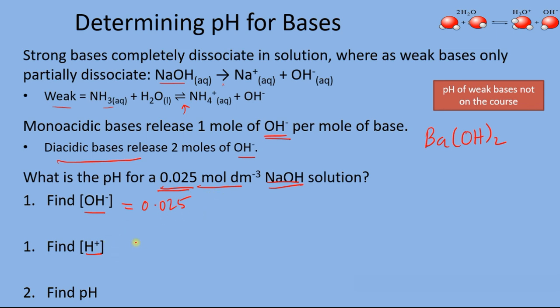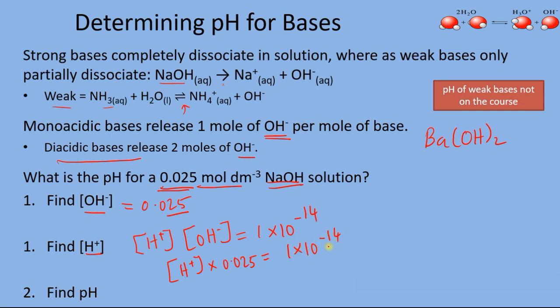Then for the H plus ion, we use Kw, the result that we've just seen on the previous page, right? The product of the H plus ion and the OH minus ion is going to be 1 times 10 power minus 14. We have the concentration of the OH ion, so I'm going to write H plus ion times 0.025 equals 1 times 10 power minus 14.